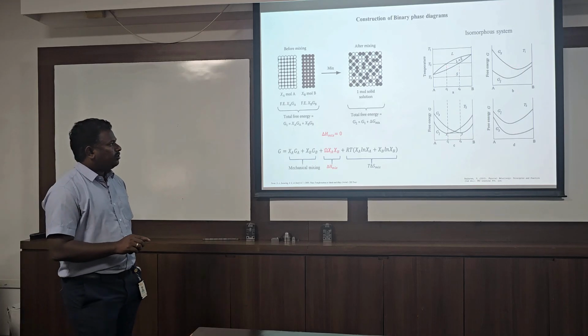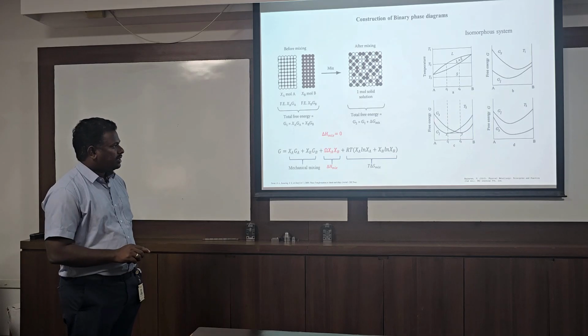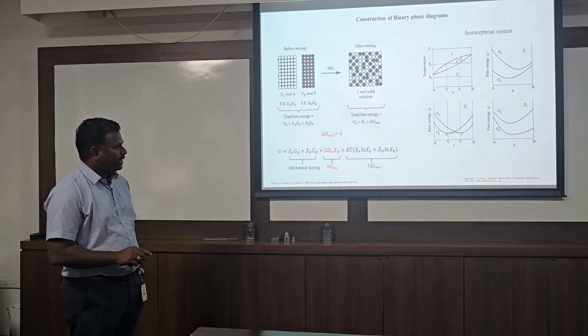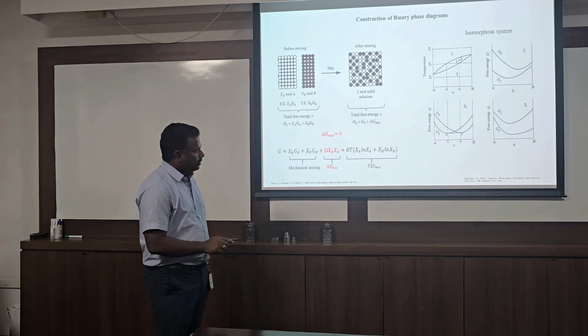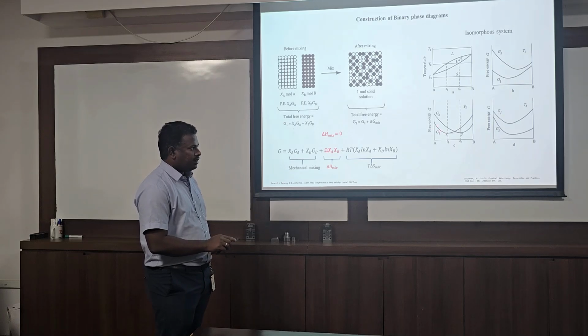When you take the two-phase region where liquid and solid are stable, I will just show you how it is done. For the liquid we have plotted here, and solid is plotted here. Up to X, you see this liquid phase is more stable than the solid phase.